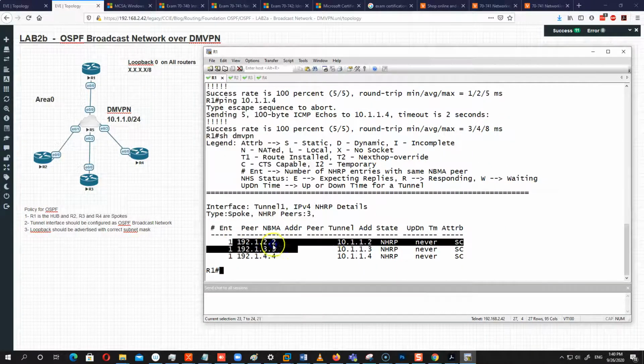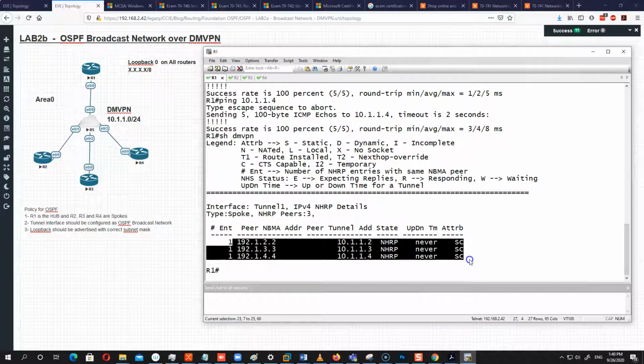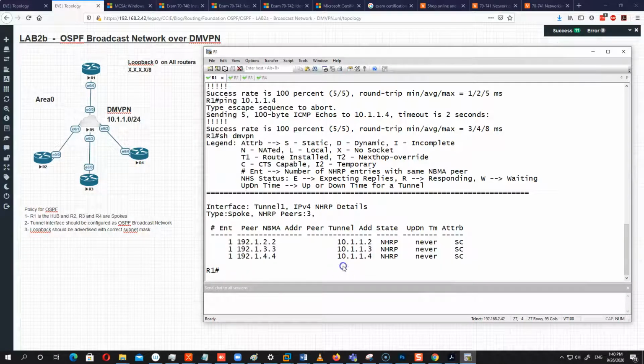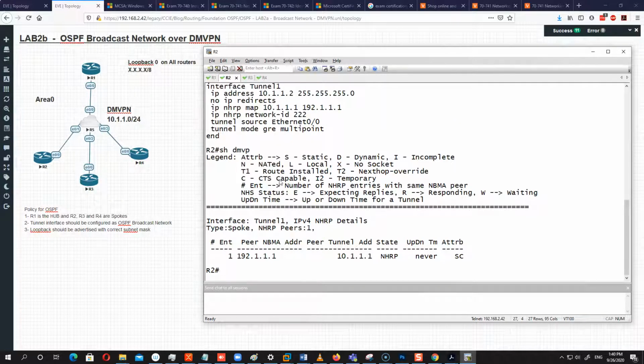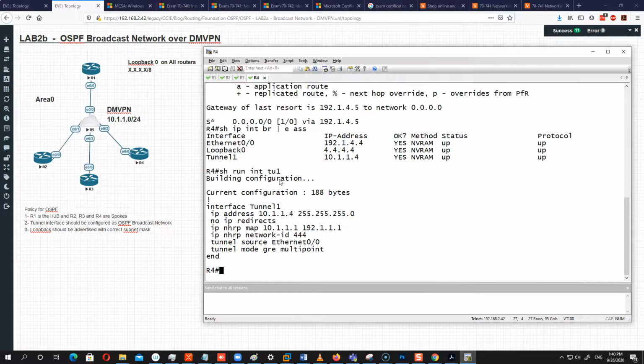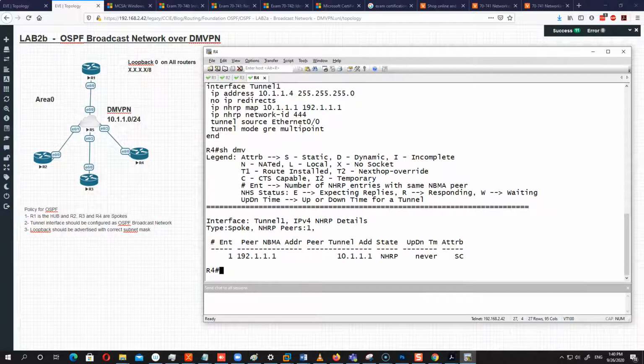You can see that we have a static mapping here, right? And the same goes for router 2. If we look at DMVPN, we have a static mapping here, and on the others as well. So we have static mapping all around. That is fine for us, right?